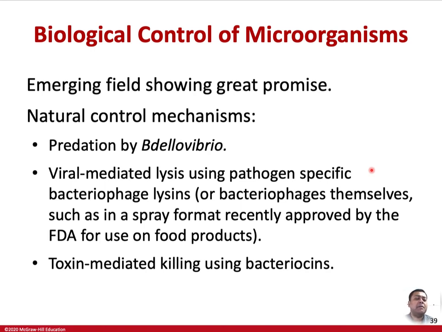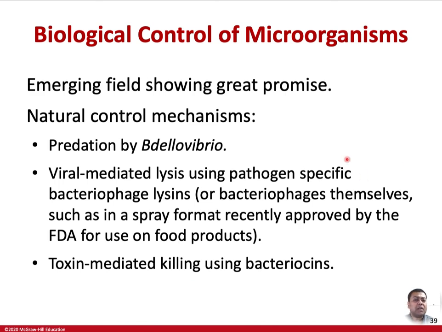He did a number of experiments and concluded that the isolated bacteriophage had a killing property against that bacillus. So it is a bacteria-killing virus, and that was basically the first promise of bacteriophage.